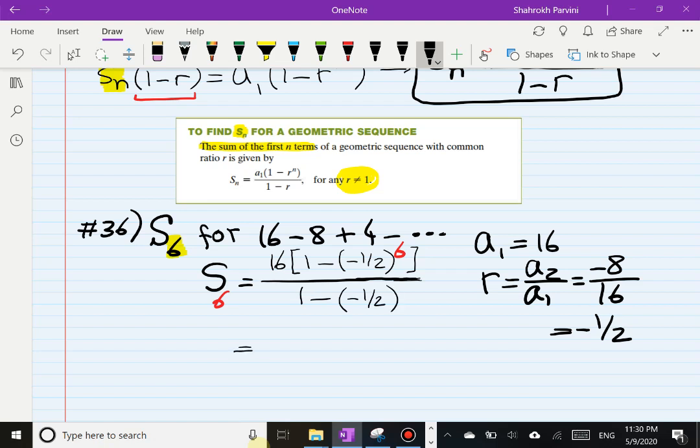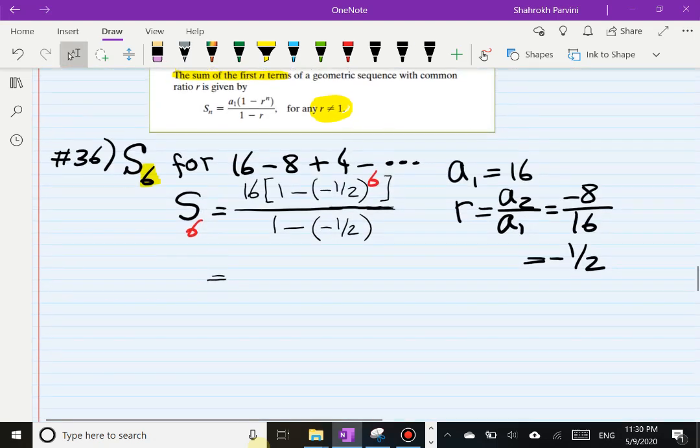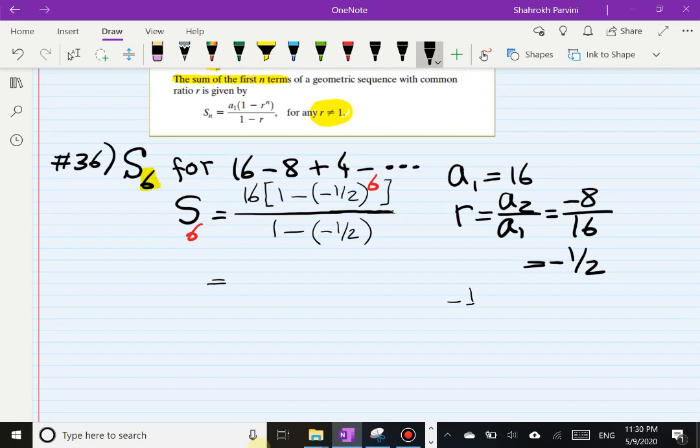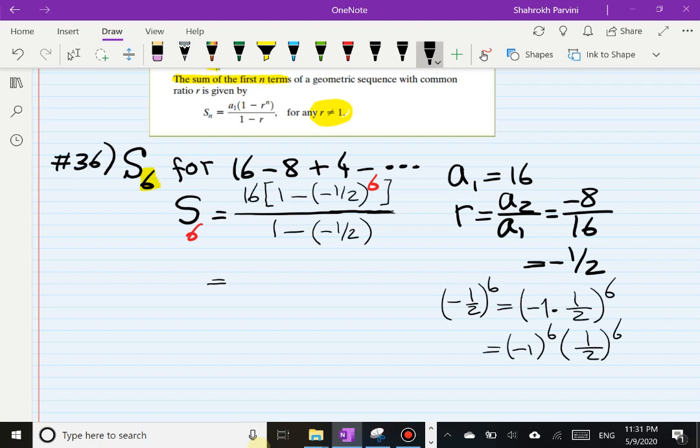So let's work the fraction now. I'm going to do that on the side here, actually. First of all, negative 1/2 to the 6th power. That's like negative 1 times 1/2 to the 6th power, isn't it? Which means negative 1 to the 6 times 1/2 to the 6. Well, negative 1 to an even power is 1, so that's just 1. And 1/2 to the 6, that's 1/2 times 1/2 times 1/2, and so on.